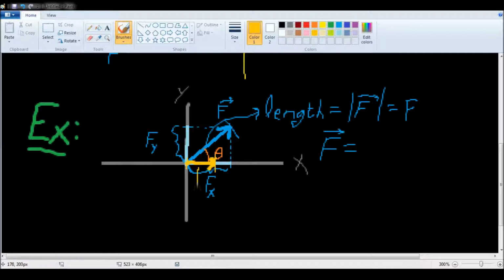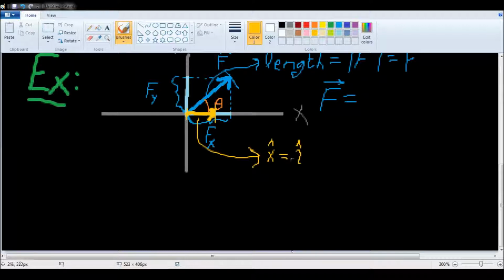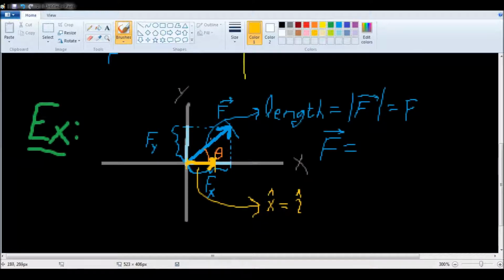So this orange arrow here I'll draw, and that is the unit vector x. That can also be written, and you may have seen it before, as I hat, x hat or I hat, and that's just the unit vector. It means that it lies along the x-axis, and it has a length of 1 which is called a unit length. And then you can also write this for the y-axis.